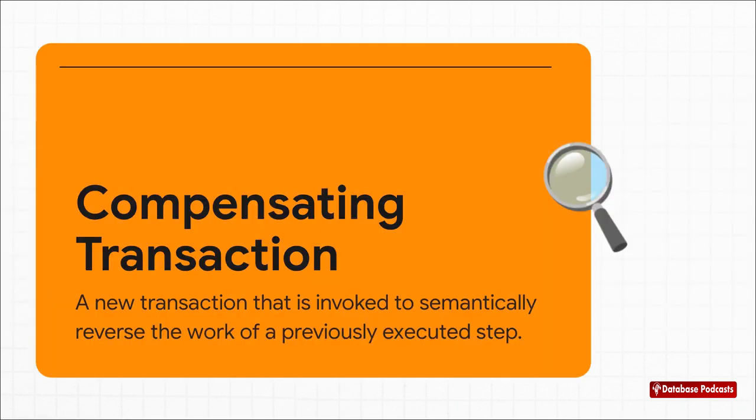It is so important to understand this. A compensating transaction is not a database rollback. It's a completely new business action that, from a business logic perspective, reverses a previous one. So, for example, you don't delete the original payment record, you create a new refund record. It's an action that moves forward in time to undo something that happened in the past.